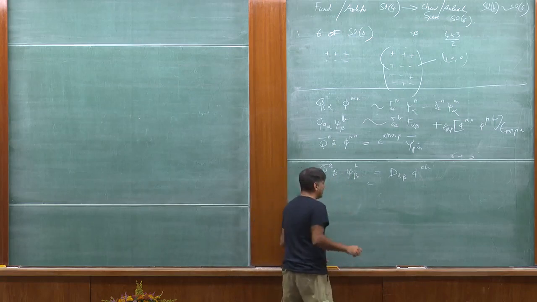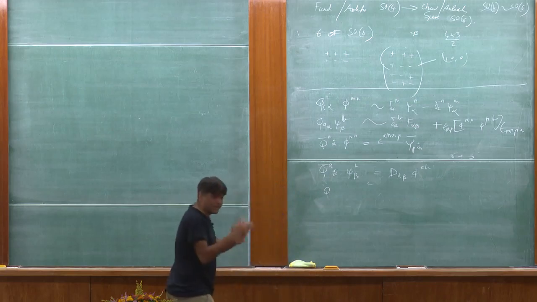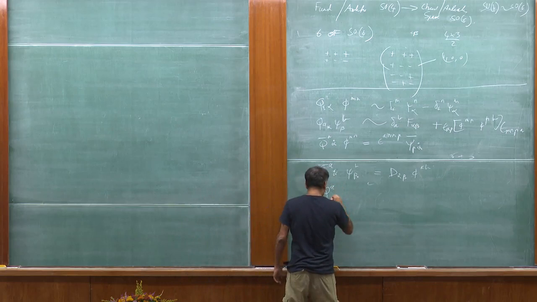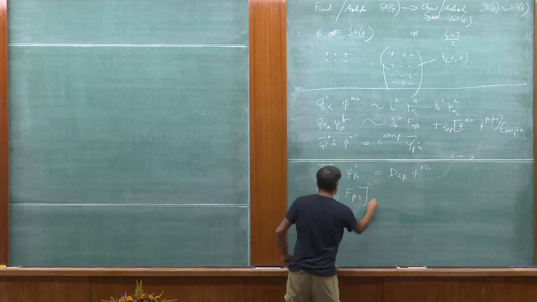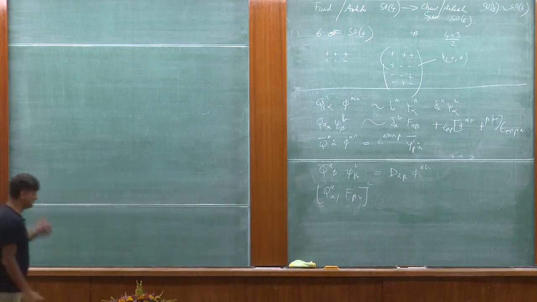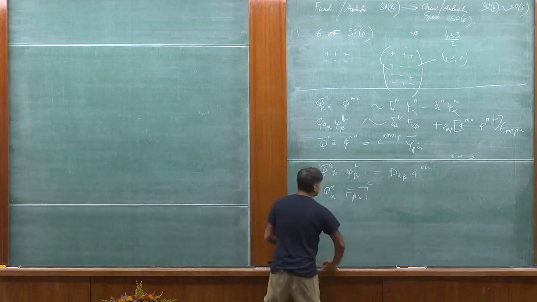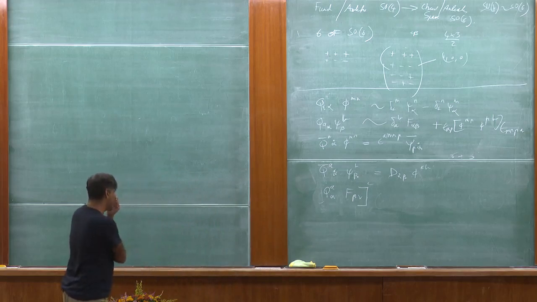Let's also get just roughly Q A alpha acting on F beta gamma. I've not written the commutator on the other side. Okay.